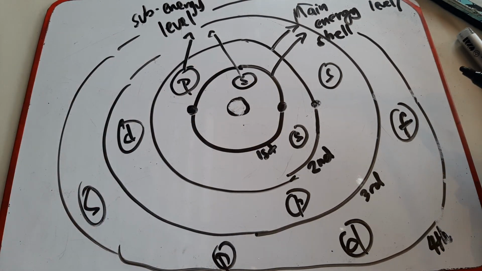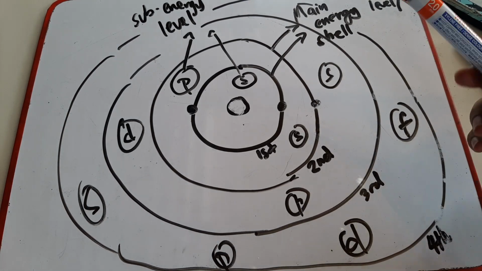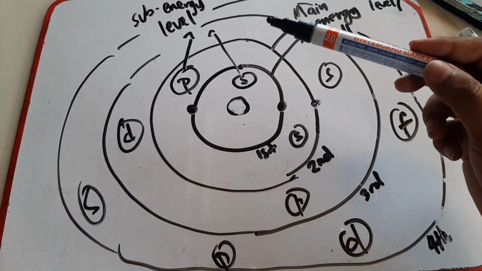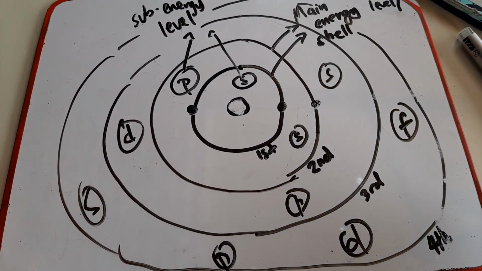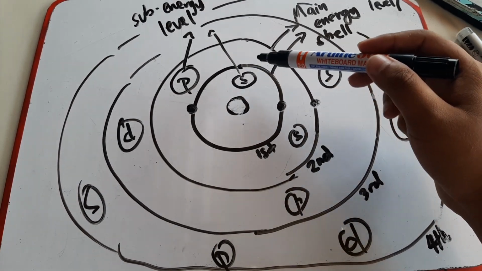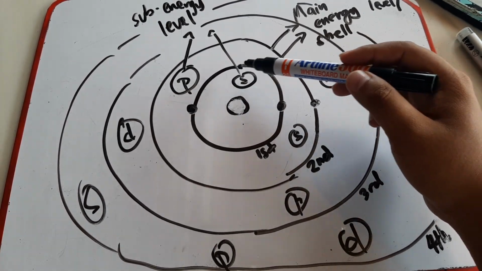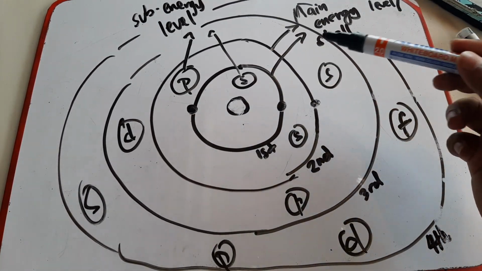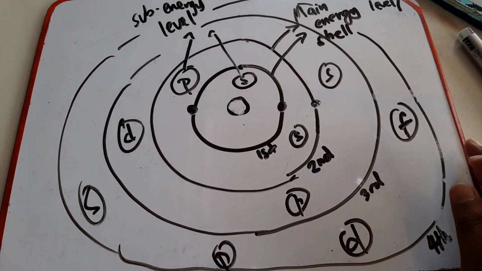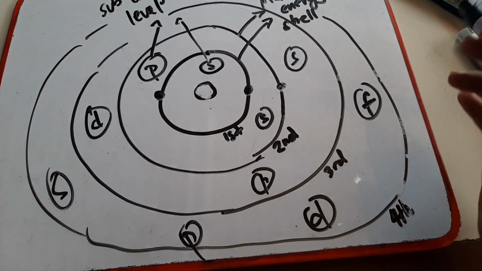So, let me reiterate. We just discussed the 3 areas where the electron can be located. First is the main energy level. Second, we can smaller the area by locating the sub-level. That would be your subshell or sub-energy level, which is our S, P, D and F. And lastly, inside the subshells, there are so-called orbitals.